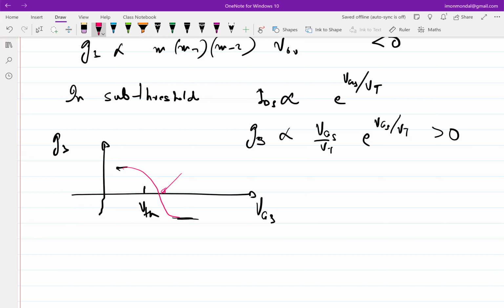The issue in this case is that you cannot predict where this point will be. You change process, voltage, temperature, and this point is going to move around. But if you have a preliminary idea of where it can be, you can probably bias it. You might not hit G3 equal to 0, but can hit a low enough G3.